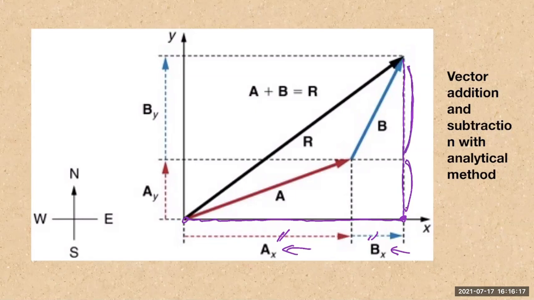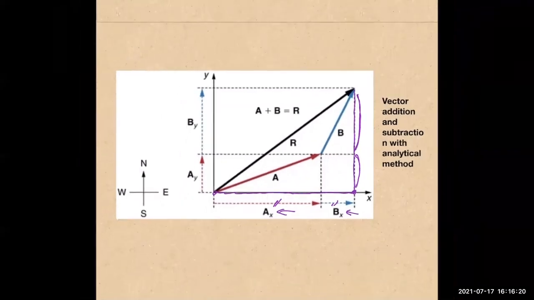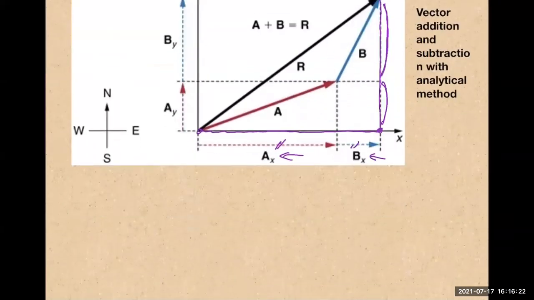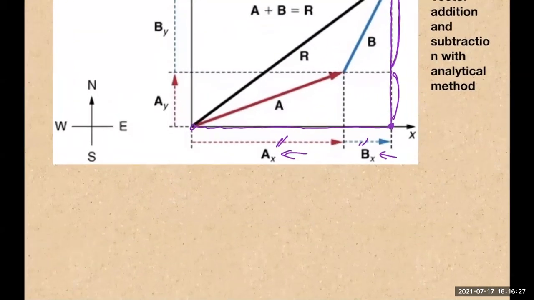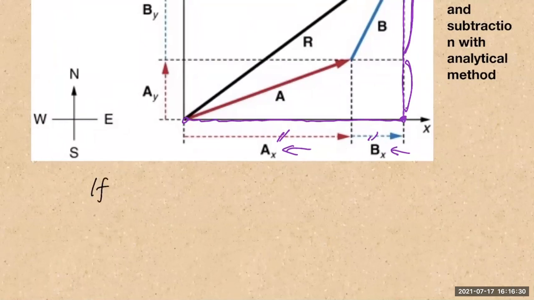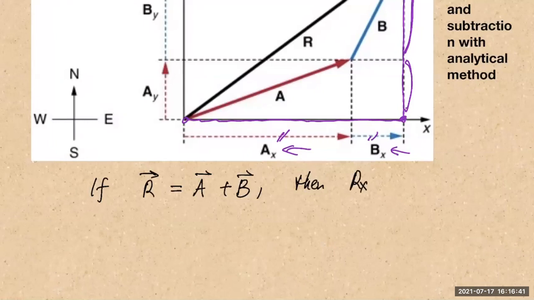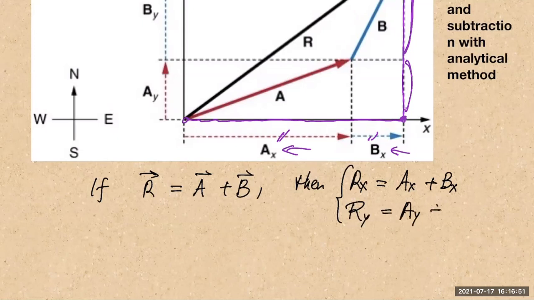So you can see clearly that if vector R equals vector A plus vector B, from the diagram above, then R sub x equals A sub x plus B sub x, and R sub y equals A sub y plus B sub y. That's what we saw from the diagram.